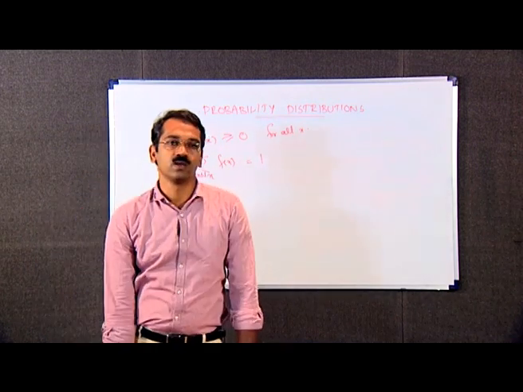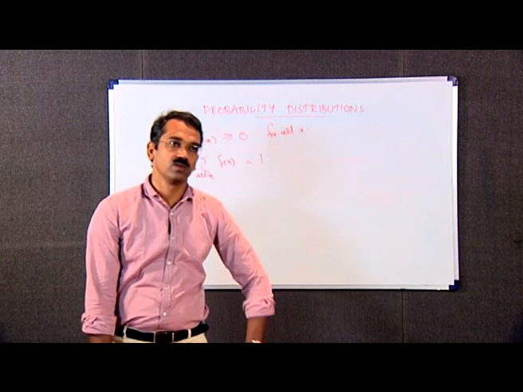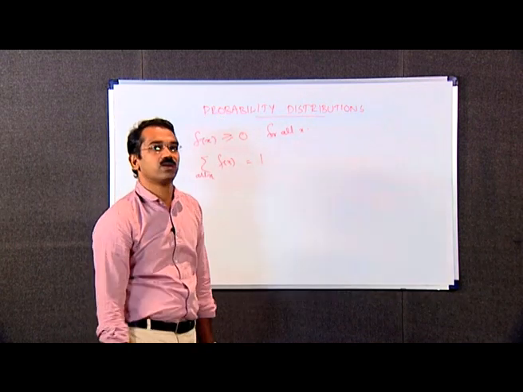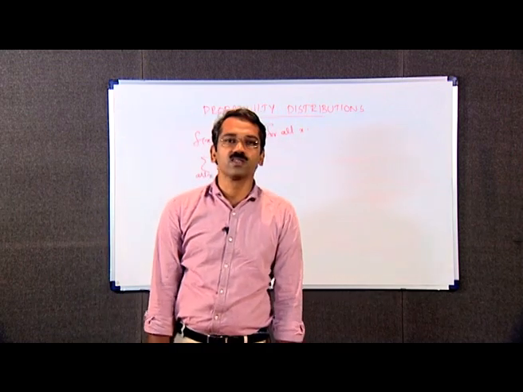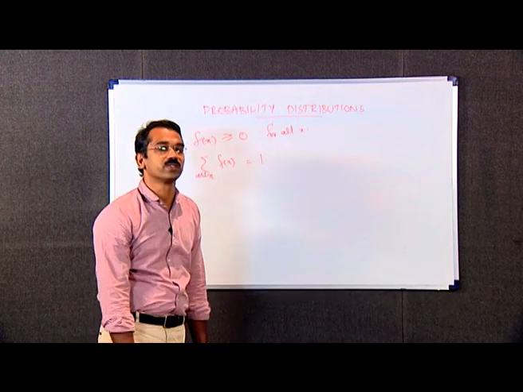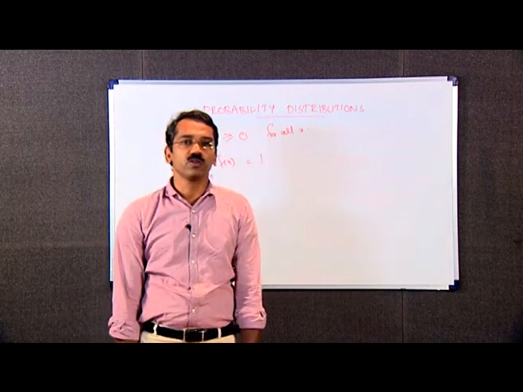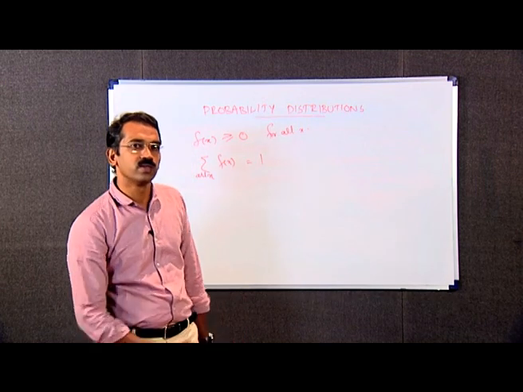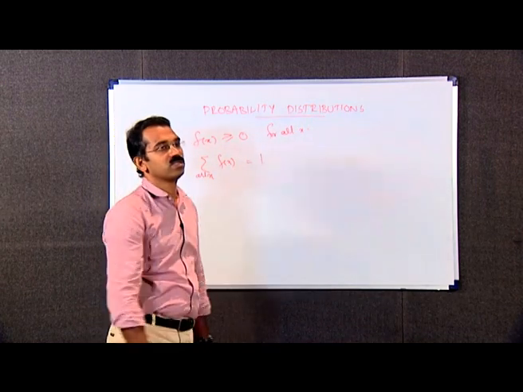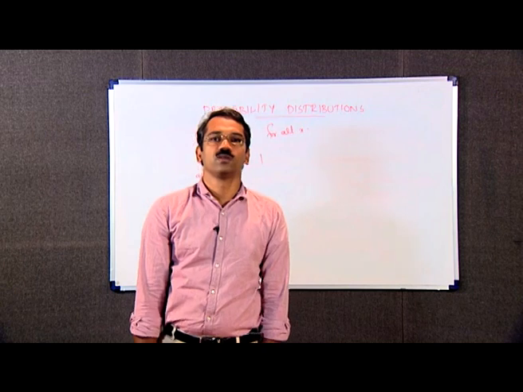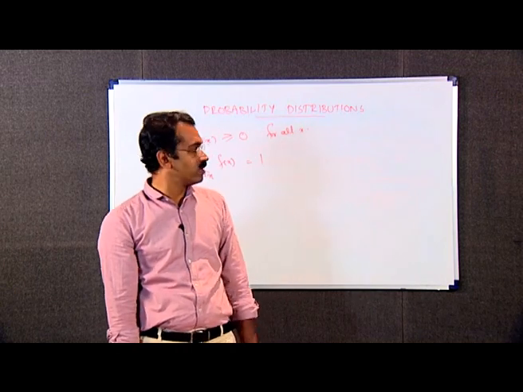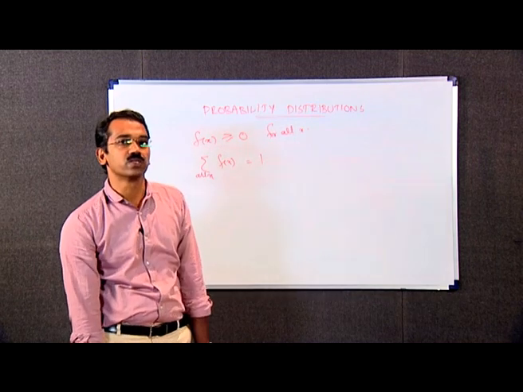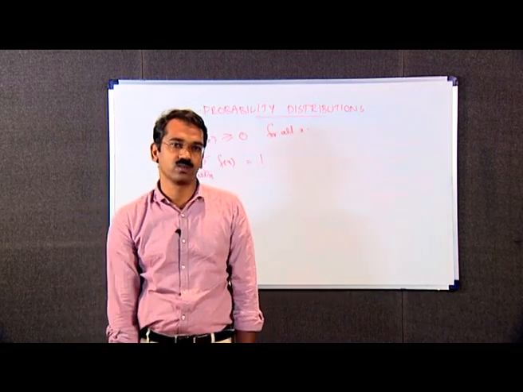This is an important theorem in the probability distribution. This theorem is a consequence of the axioms of probability. It can be shown that any function f of x which satisfies these two conditions is a probability distribution or a probability function.